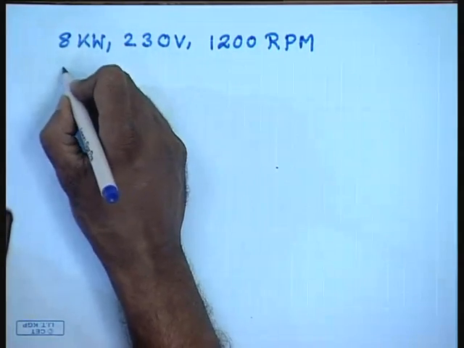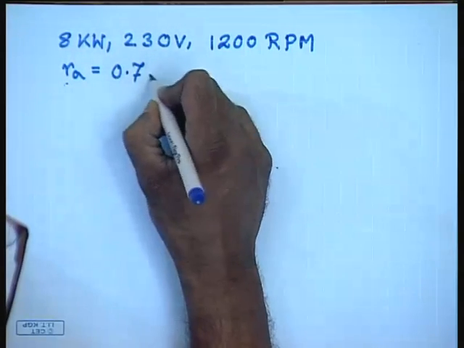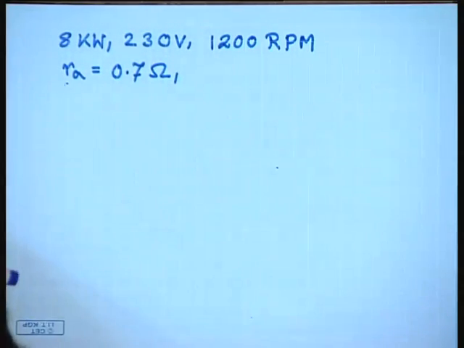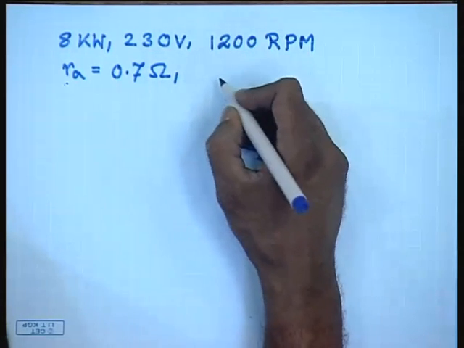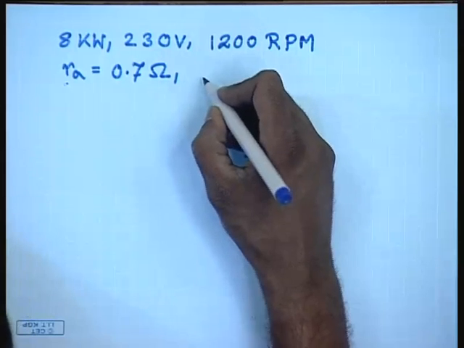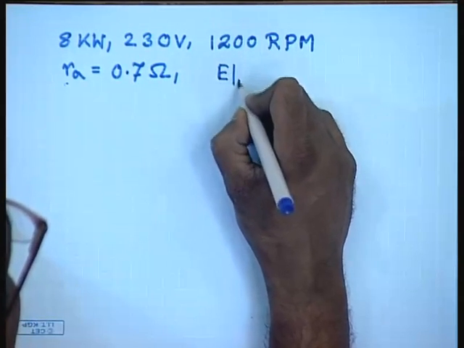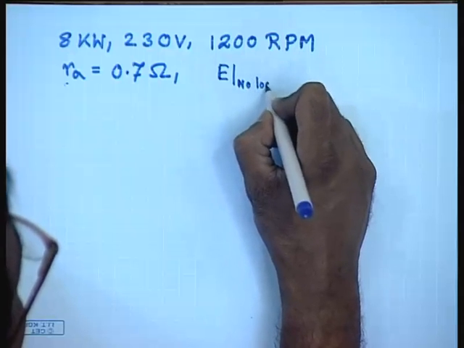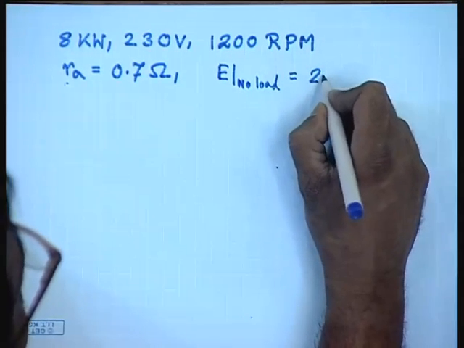The armature resistance Ra equal to 0.7 ohm. The field current is adjusted, and the no load voltage E at no load is set at 250 volts.